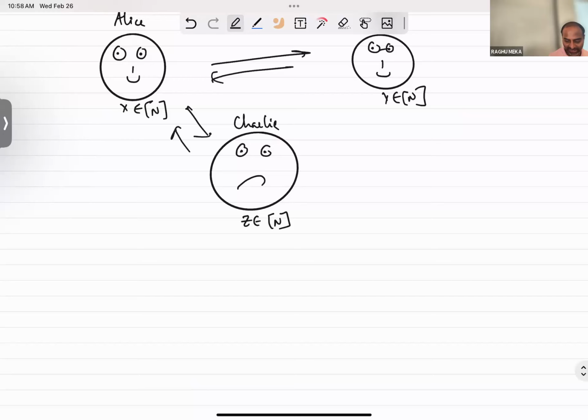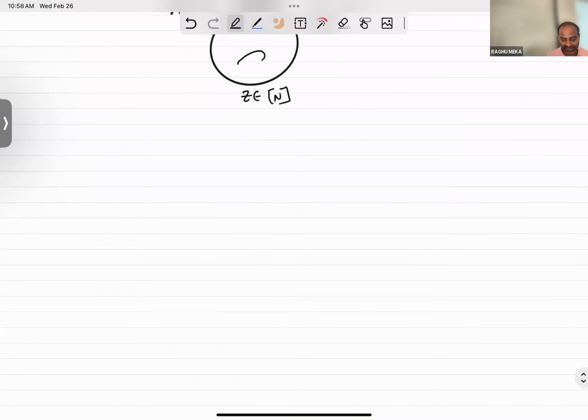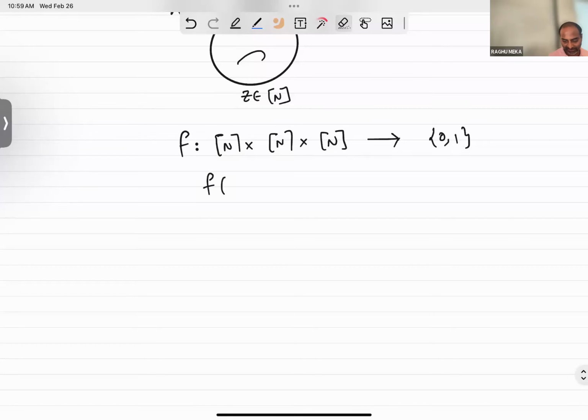You can assume broadcast communication or even just specific links; either way, these are all equivalent up to constant factors. So let's just say they're all communicating with each other, and at the end of the day, they want to compute some joint function of their inputs, f of x, y, z.